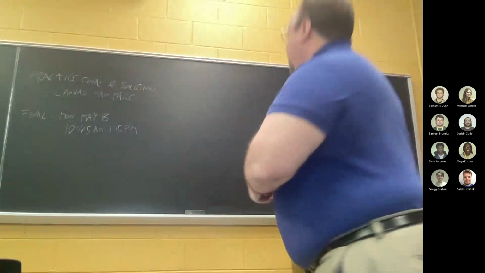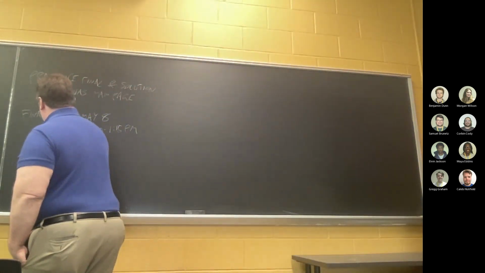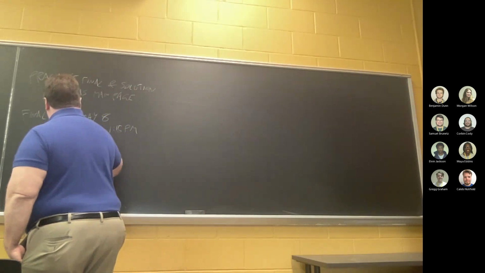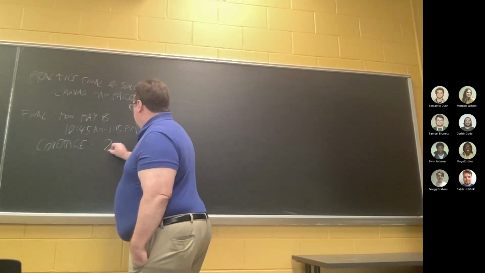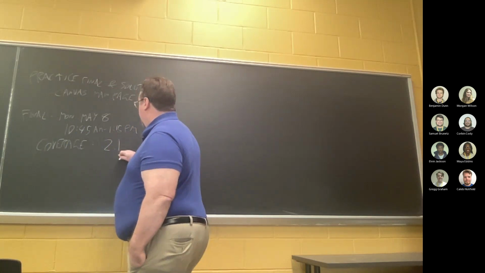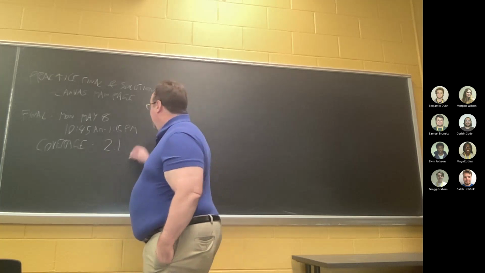Oh, and the final will only cover everything that we have taken since the last test, right? Yeah. So it starts with vectors. In the notes, it's section 2.1, which is on three-dimensional coordinate systems and vectors. So what is a vector?